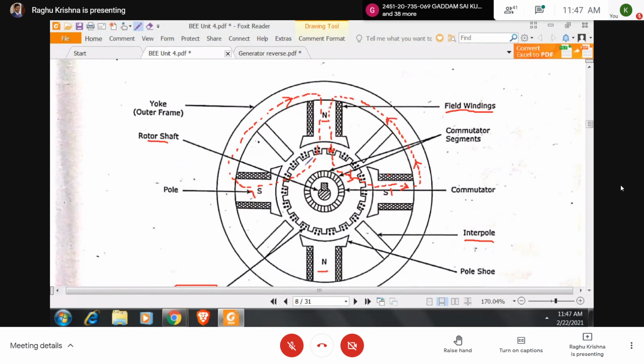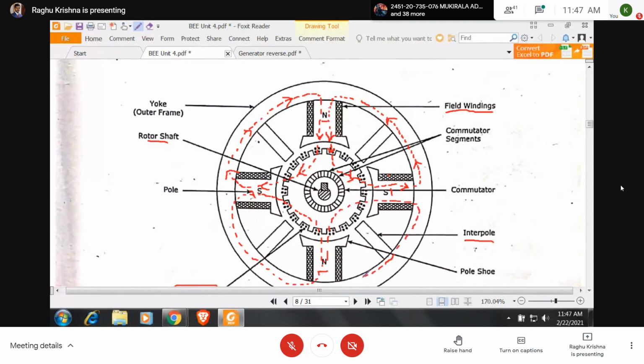Like this, here also you can draw this one. What is the purpose of the yoke here?